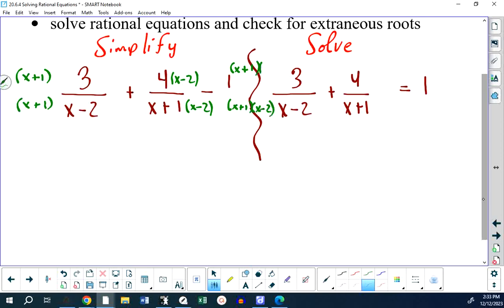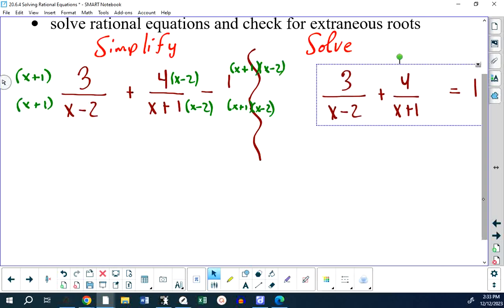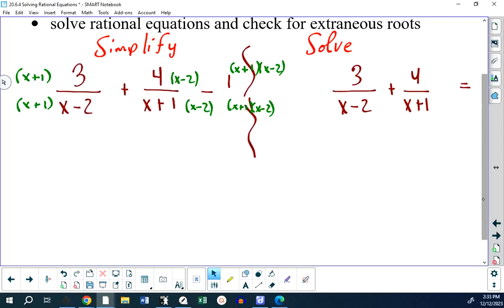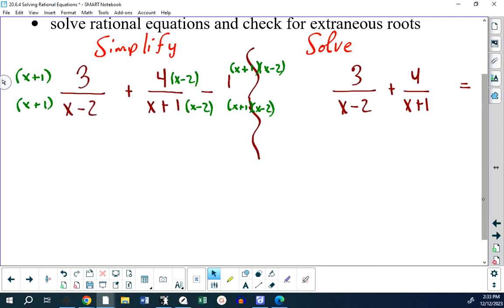I'm a little crowded here, so I'm going to fix this. If I said simplify, whoop, that doesn't work. If I said simplify this expression, you would end up with this.